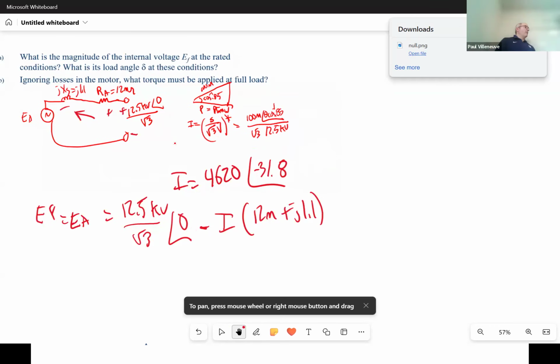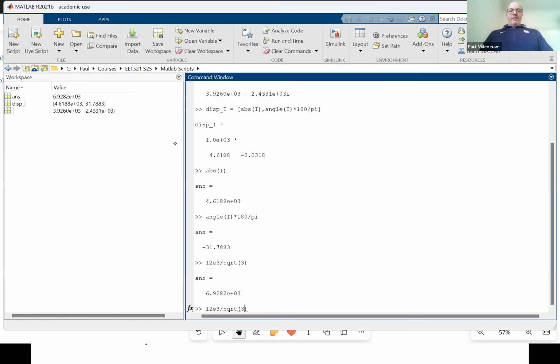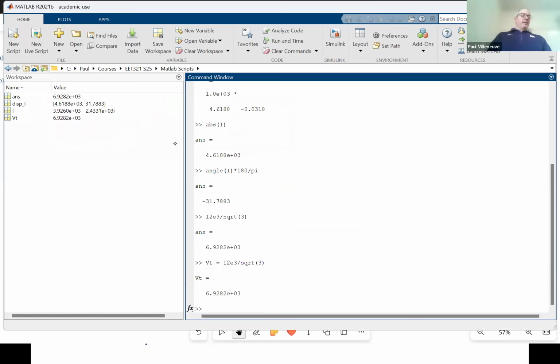And that'll give me my value of EA. So let's go ahead and calculate that. I've got 12E3 divided by the square root of 3. Let's define that as my voltage. I already have my current calculated up here, so I don't need that. So my EA is going to be equal to my terminal voltage minus the voltage drop across those 2 elements.